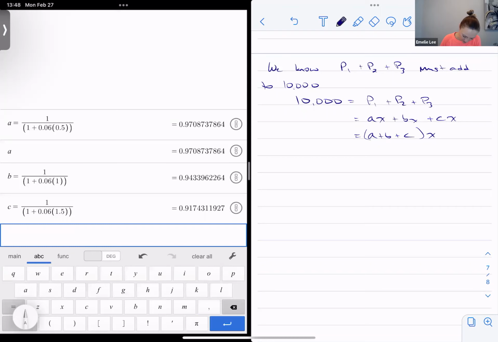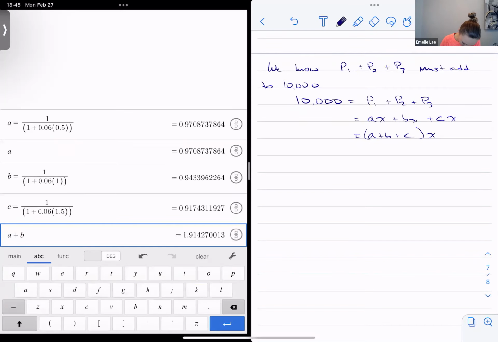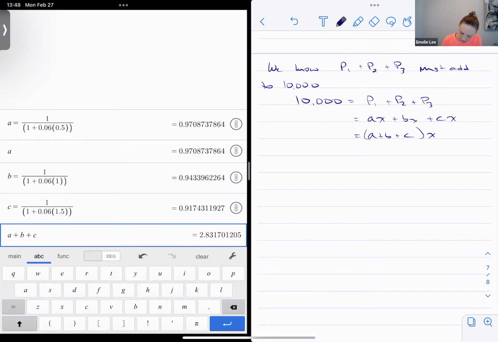So if I do A plus B plus C, I get 2.83170120 times X. Okay, I'm so close to being able to solve for X. Why?